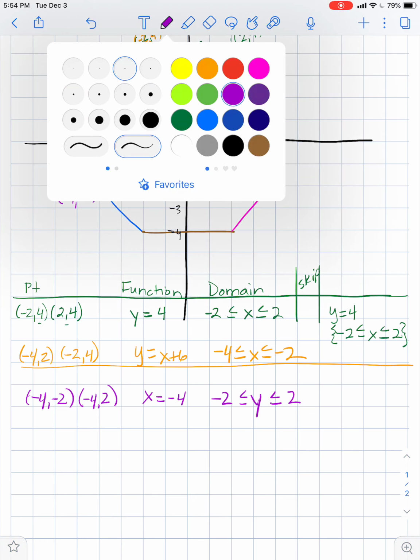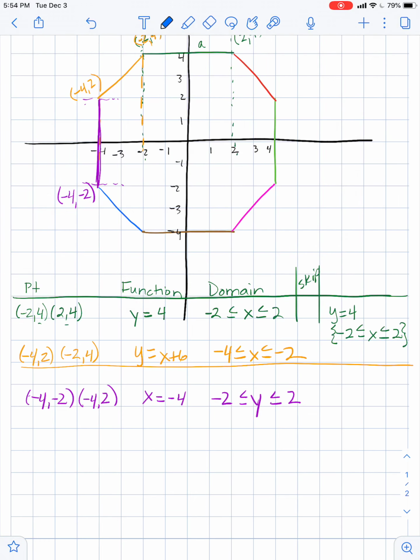Now, back to domain restrictions, and I'm just going to put that piece on here. If you're looking at the blue line, that would be this line right here. If I do a dotted line up, you'll see it goes from -4 to a -2. So that would be your domain restriction.